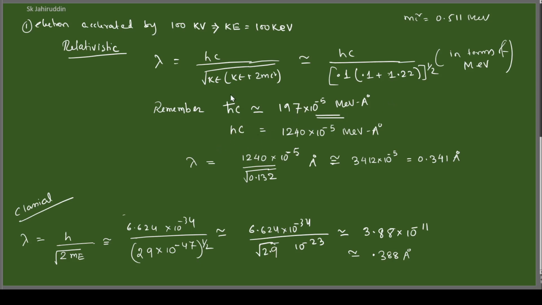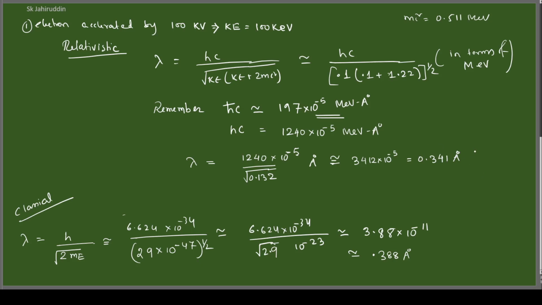And if you don't use h bar, that hc will be 1240 into 10 to the minus 5 MeV Angstrom. So if you just use this hc result, 1240 times 10 to the minus 5, we get 0.341 Angstrom.